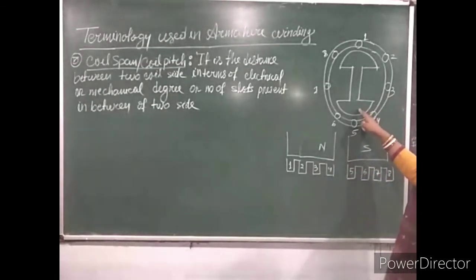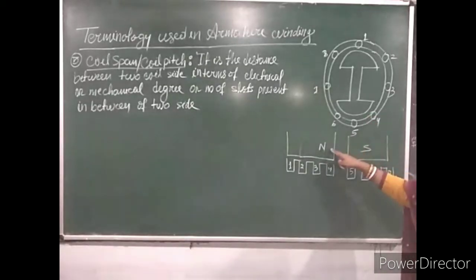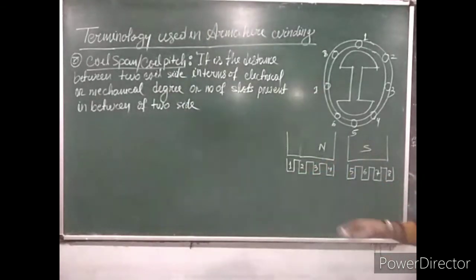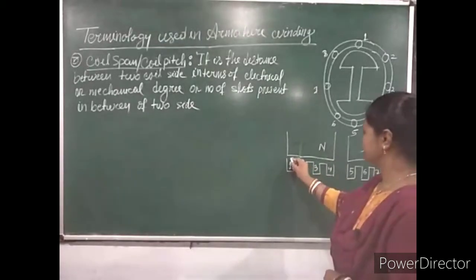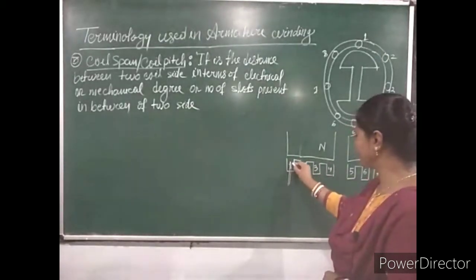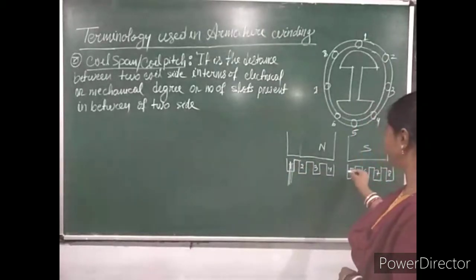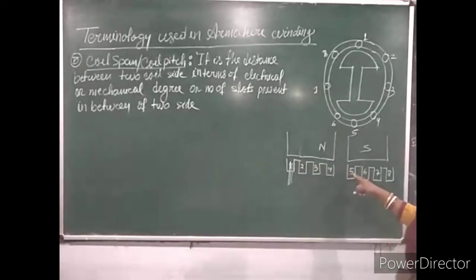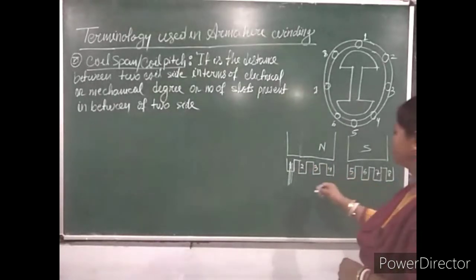As it is a 2-pole and 8-slot machine, under each pole 4 slots come. Suppose I take n number of turns which consist of slots 1 and 5 to make a coil.